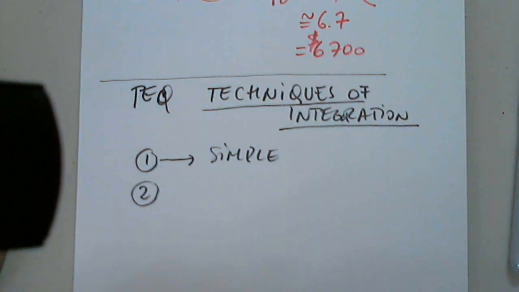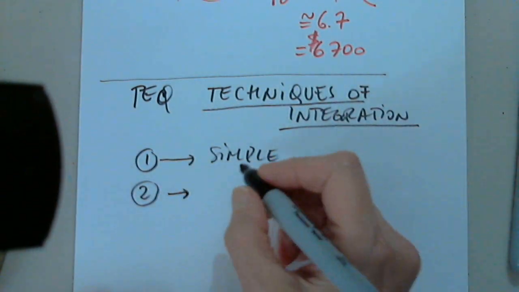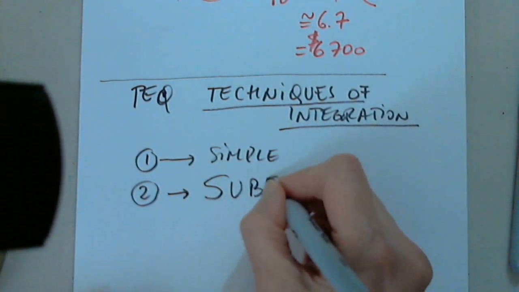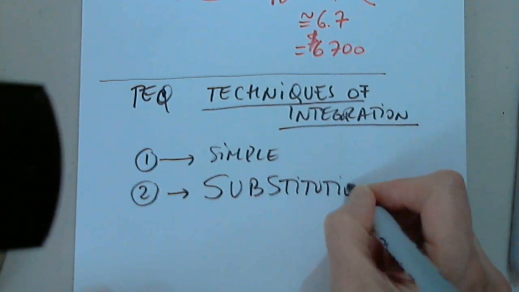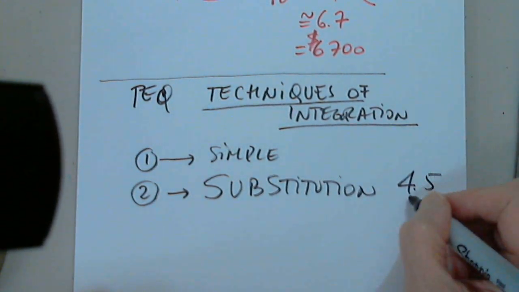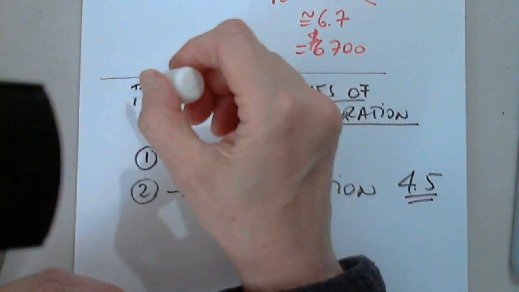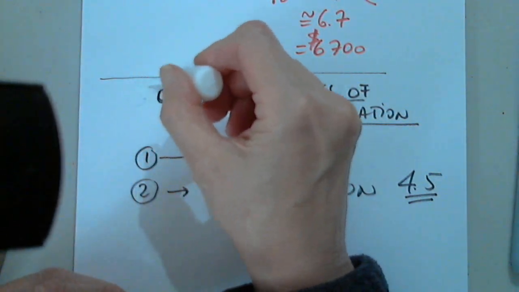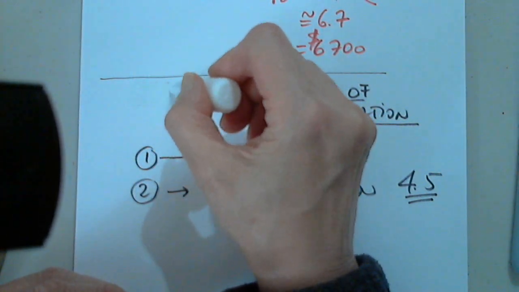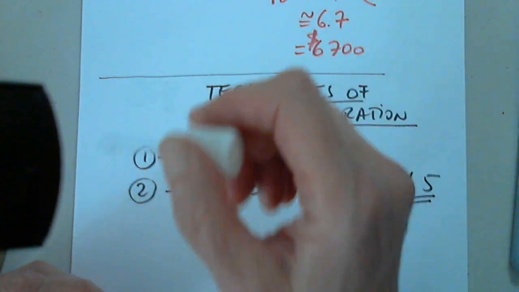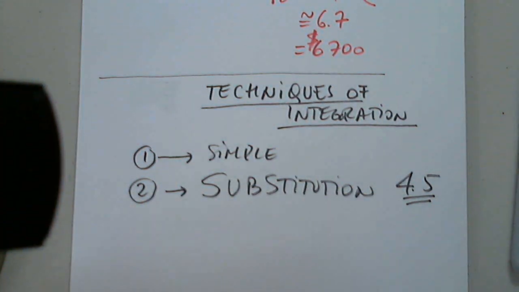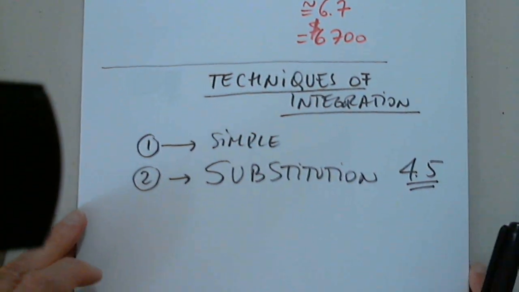The second technique of integration is something called substitution. And this is section 4.5 and the last section of chapter 4 that we are going to look at. I like to present this as easy as possible, and you'll tell me whether it's clear or not.